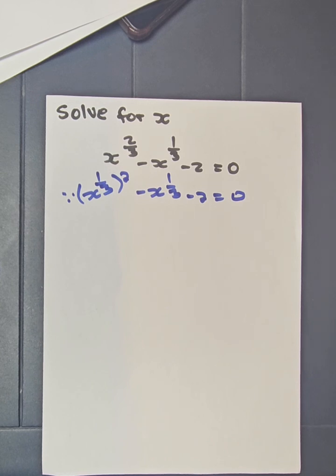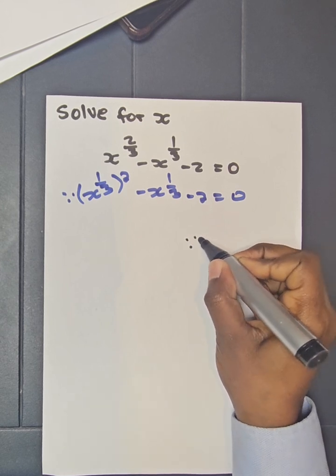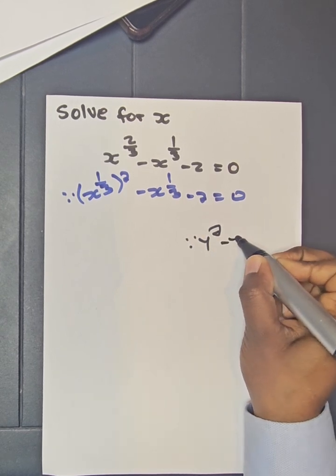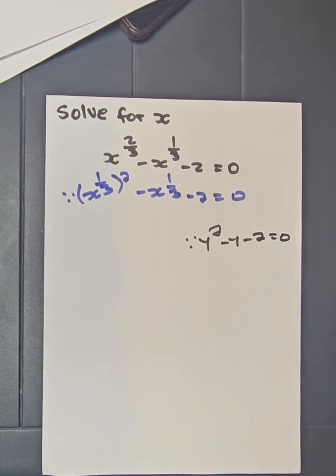Now, using our knowledge of factorizing quadratic equations, I will just make it much easier and put y in place of x raised to the power of 1 over 3. So if I put y there, we will have y squared minus y minus 2 equal to 0. Now it's easier to factorize and solve it for y.